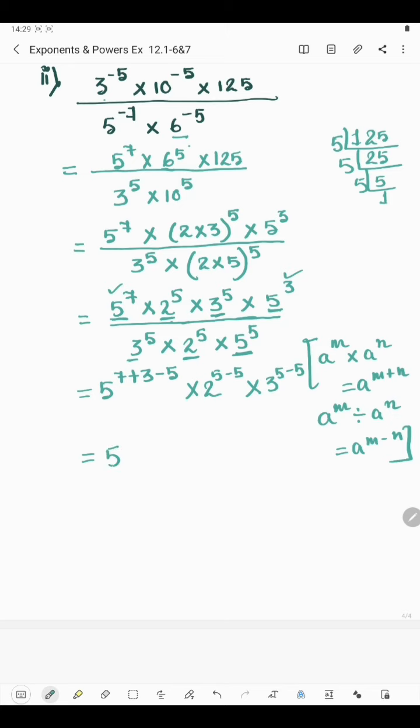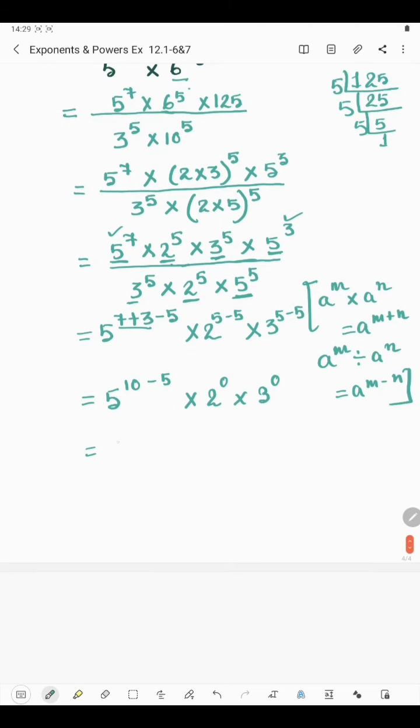Now here 5 raised to the power 7 plus 3 is 10 minus 5, multiplied by 2 to the power 5 minus 5 is 0, multiplied by 3 raised to the power 5 minus 5 is 0. So 10 minus 5 is 5, and anything to the power 0 is 1 according to the law.